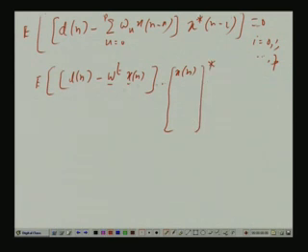If you multiply it by xn star, that should be 0. If you multiply by xn minus 1 star, that also should be 0, because of the orthogonality. If you go finally up to xn minus p star, again that product should be equal to 0. But what is this vector? This is the xn vector again.